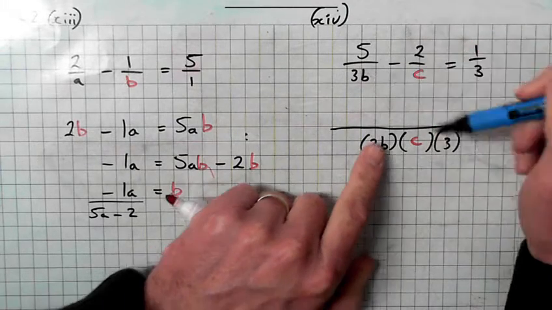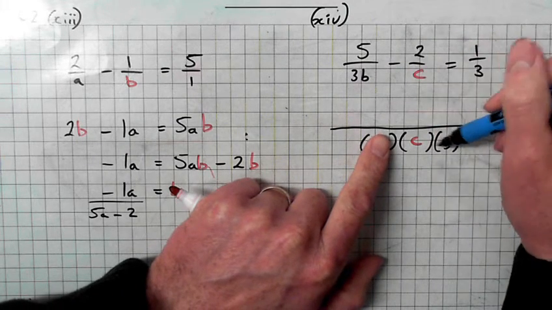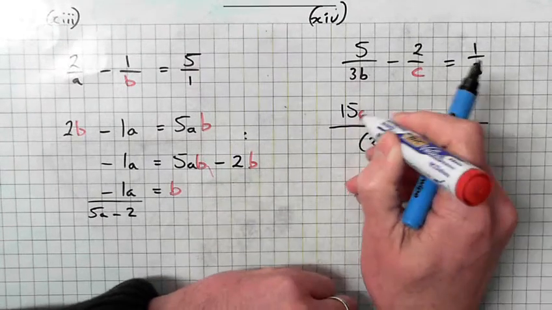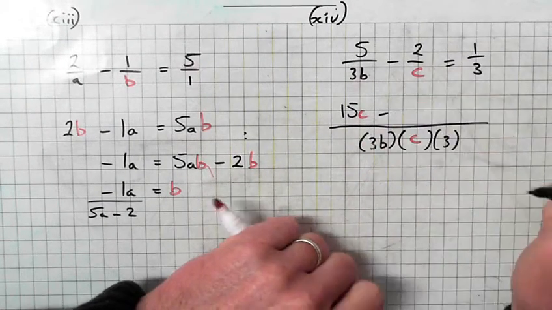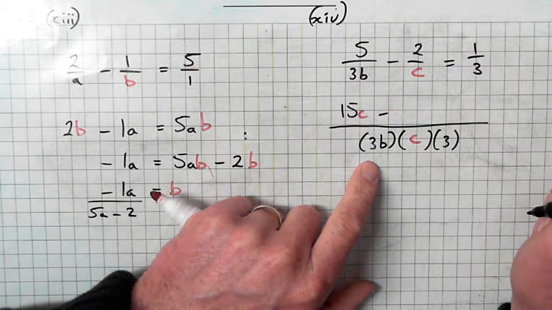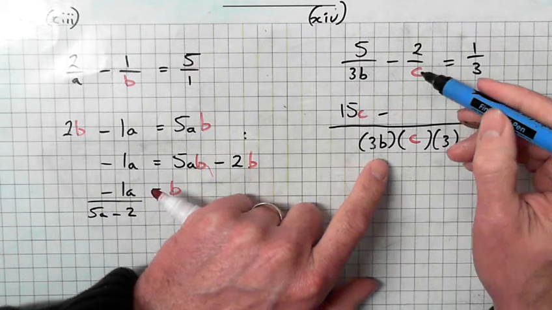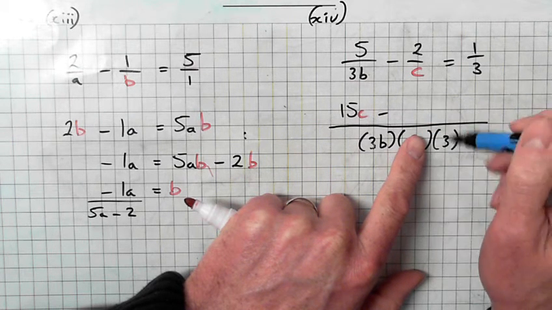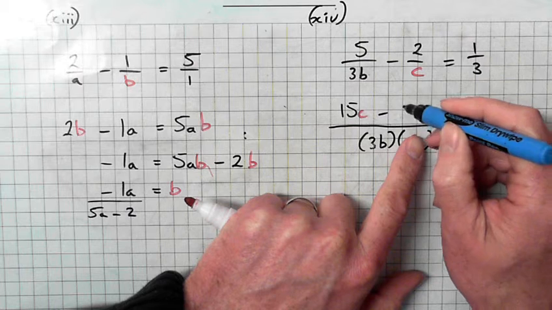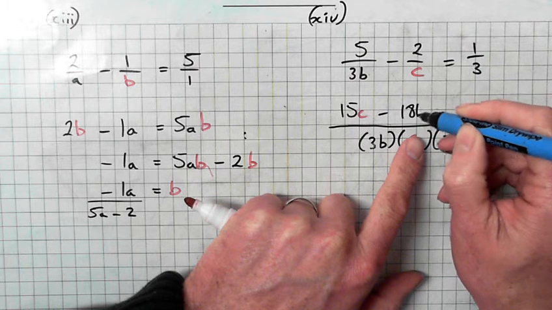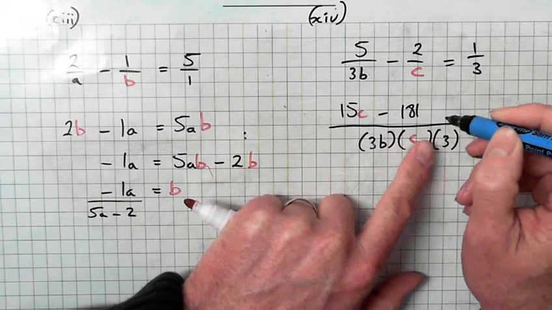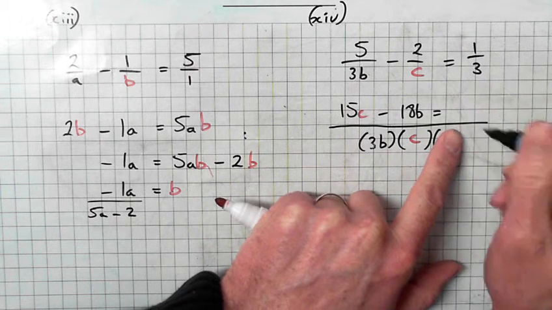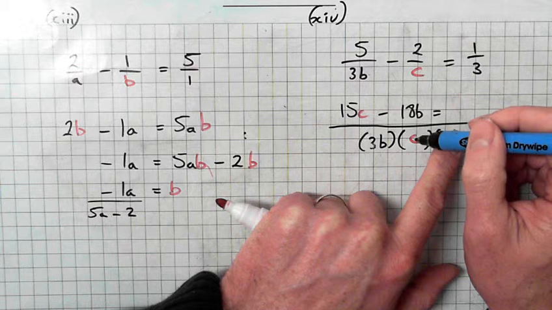Right, so divide 3b into it. I'm left with 3c times 5, 15. I can put smaller in here if I wanted to. Right, so c into this, I'm left with 3 times 3b, which is 9b, times 2, 18b. And 3 into this, I'm left with 3b times c.